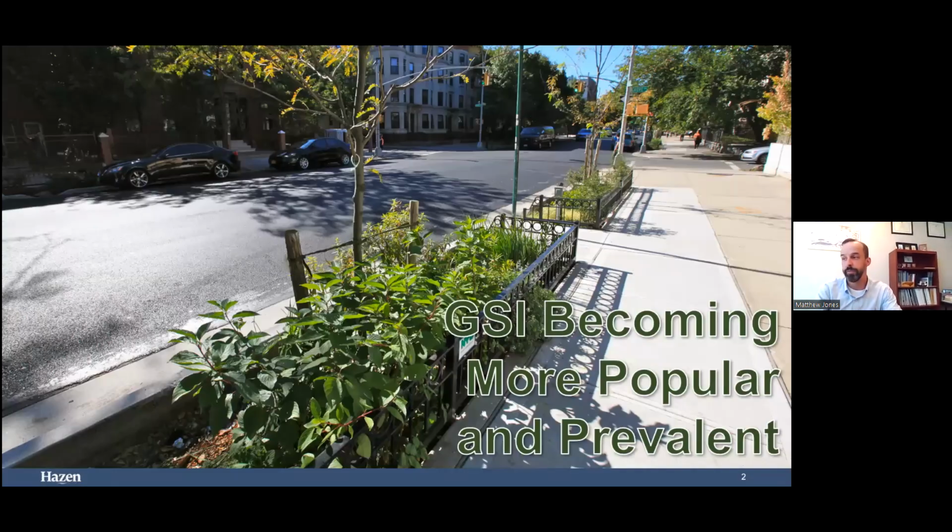So first, as we all know, green infrastructure has increased a lot in popularity over the years, become a lot more prevalent. It's worth noting that a lot of the focus in the presentation today is going to be on bioretention, but many of the things that we're talking about have some broad applicability to other types of green infrastructure that we're applying, particularly in the urban environment.